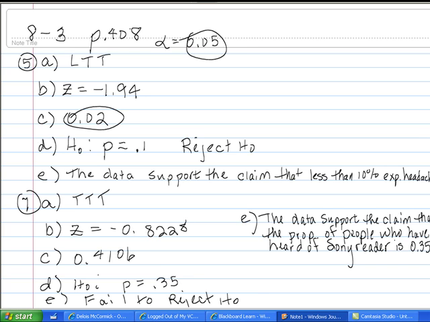Okay, now in the next one, we'll be doing the entire hypothesis test. And I'm going to do two of these the longer way, and then I'll do two using StatDisk. Okay, M&Ms. Data set 20 in Appendix B lists data from 100 M&Ms.